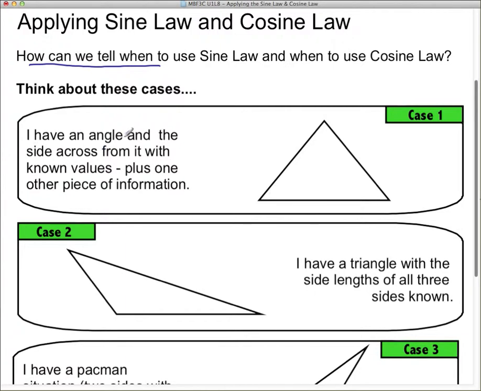So I have an angle and the side across from it with known values. That would be the case where we know that this is an 80-degree angle and the side across from it is 20 centimeters. And then it says plus one other piece of information. Let's say I know that this side is 12 centimeters.